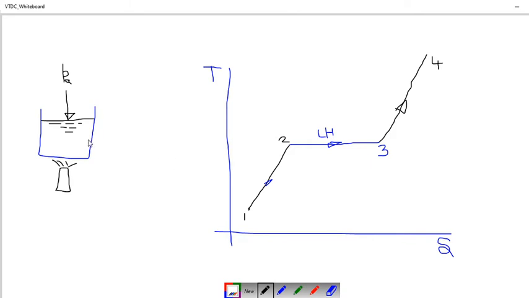Now what is done? The pressure on the water is increased step by step, then the saturation lines and the process lines are drawn on the TS plot, so we can understand that process 2 dash, 3 dash has more pressure than this pressure.